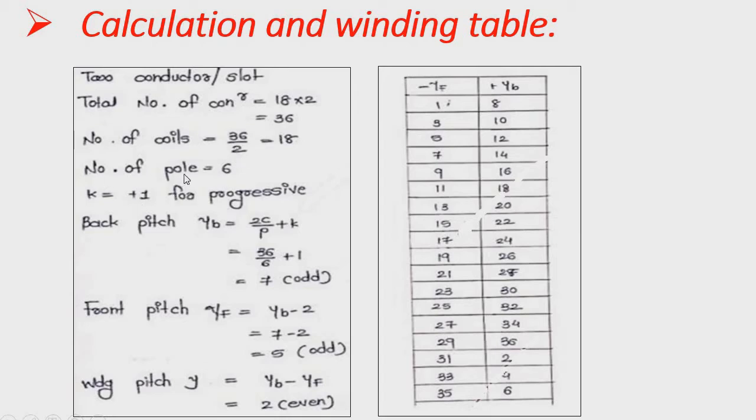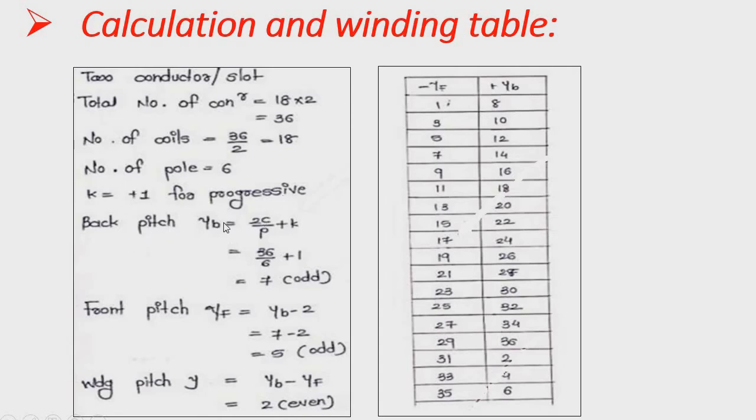Now number of poles is equal to 6, which is given in the data. Now assume K is equal to plus 1 for the progressive winding. If in the data it is not given whether progressive or retrogressive, then we have to assume K is equal to plus 1 for progressive always.